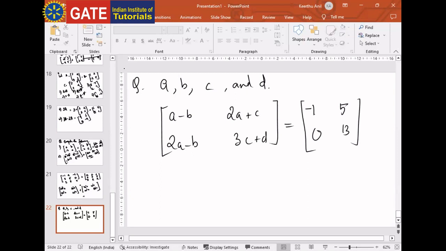Since they are equal matrices, you can equate between the elements, right? So go for equating between the elements and find the values of A, B, C, and D. Let me know once you get the answer, okay?